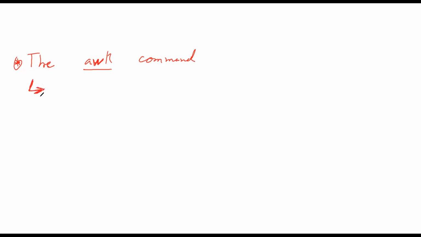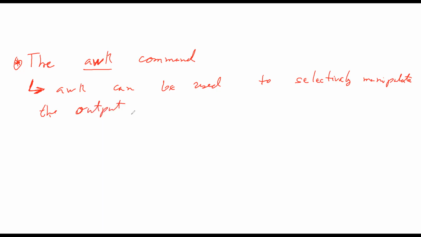Okay. So then here you can say for the awk command, formal definition is that awk can be used to selectively manipulate the output of other commands.